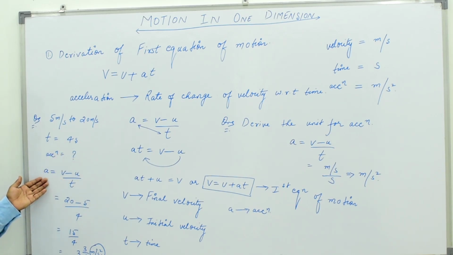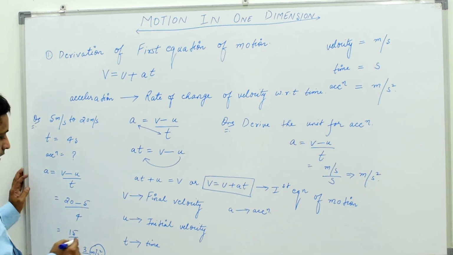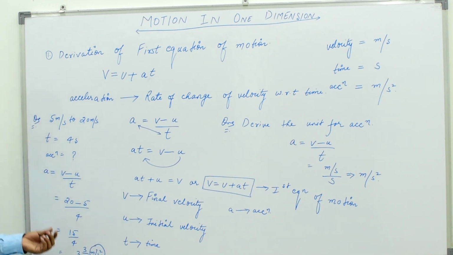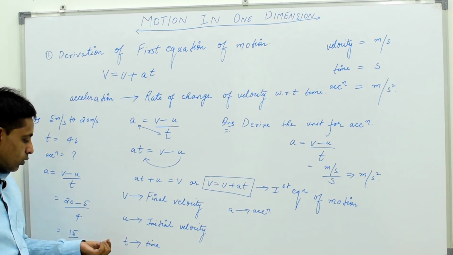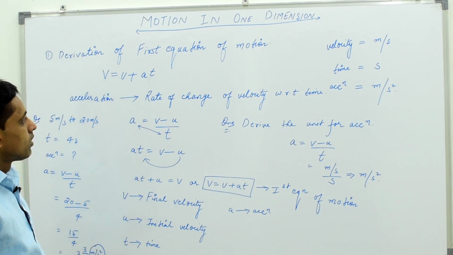Just use the formula A is equal to V minus U over T. Final velocity is 20, initial velocity is 5, time is 4. We will solve 20 minus 5 is 15, 15 over 4, 4 3s are 12, 13, 14, 15, 15 by 4 meter per second square. This is very important. Please remember that after completing the numericals, we have to write the unit.